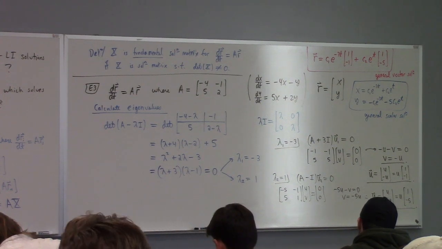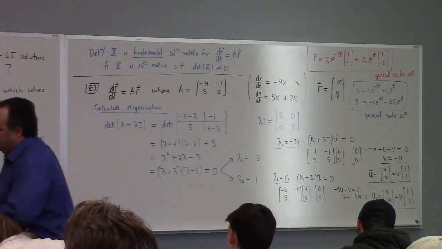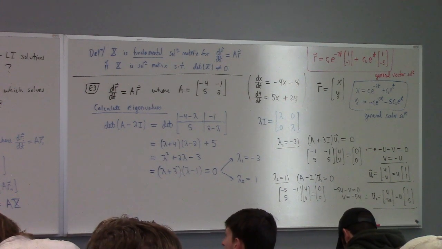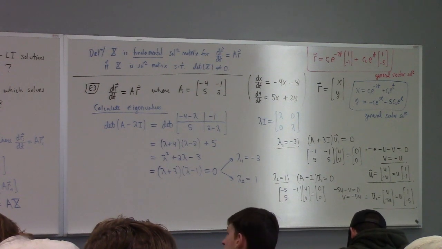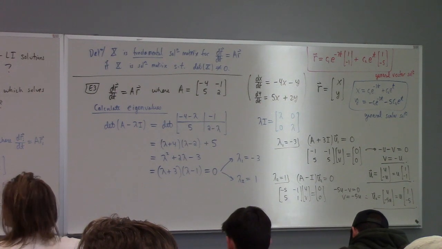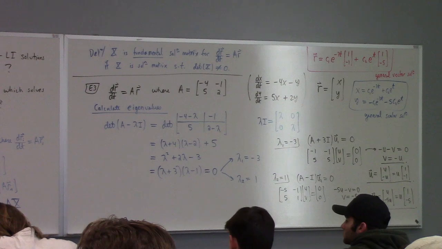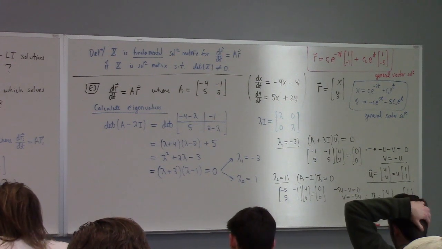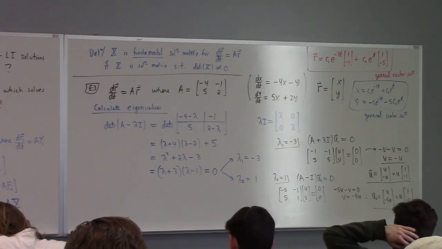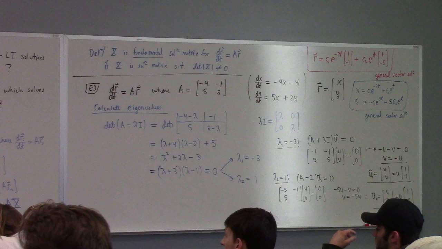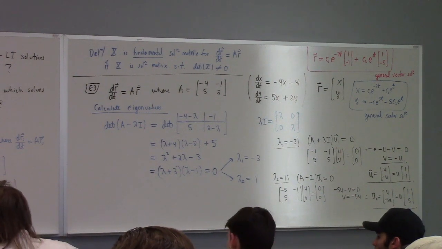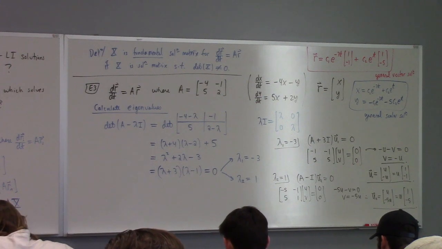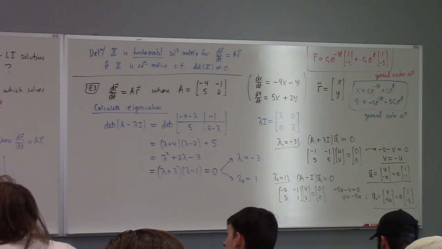What we derived was: if r equals e to the lambda t times u, where lambda is a solution of the determinant of A minus lambda I equals 0, and (A minus lambda I) times u is equal to 0, then r solves dr/dt equals A r, right? That's the basic theorem that we're working with here.